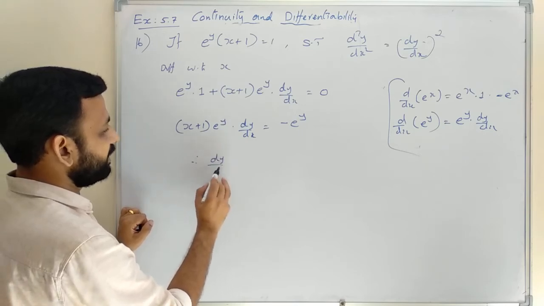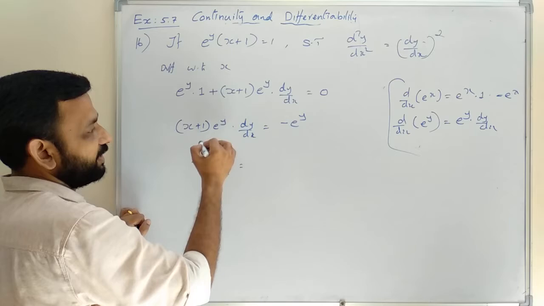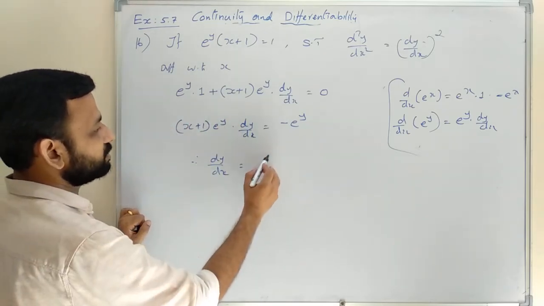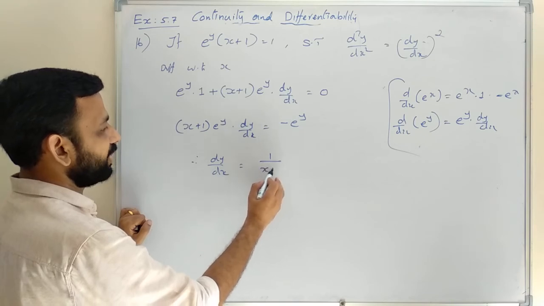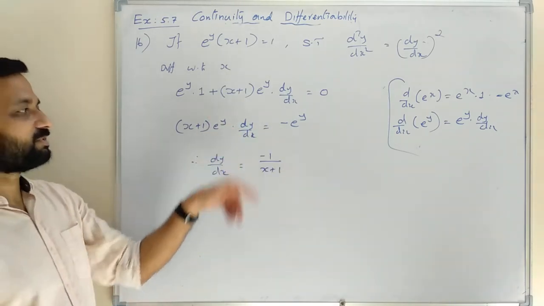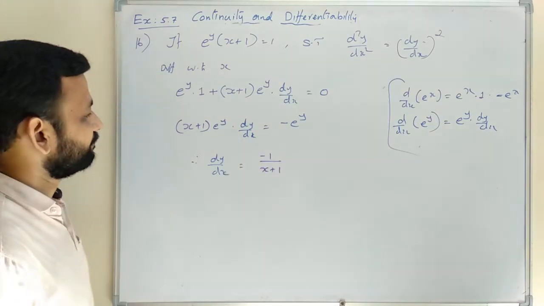Therefore, dy by dx equal to, e raised to y and e raised to y cancelled, then x plus 1 we can take from left to right. So it will be minus 1 upon x plus 1. That is dy by dx.